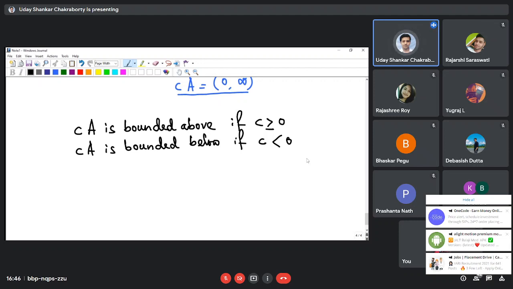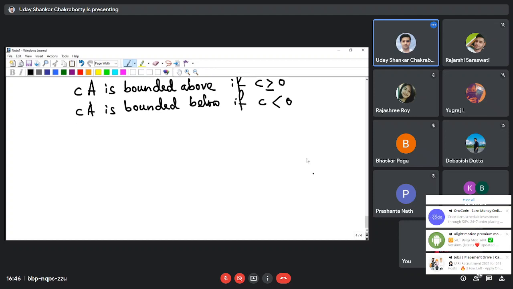Do you follow this? If C is negative, then the set is bounded below, but not necessarily bounded above. Just like you have proved, if C is minus 1, then minus A is bounded below. Any confusion? Okay. So similarly, whatever we have done, we can apply the same thing for bounded below sets also. Right?